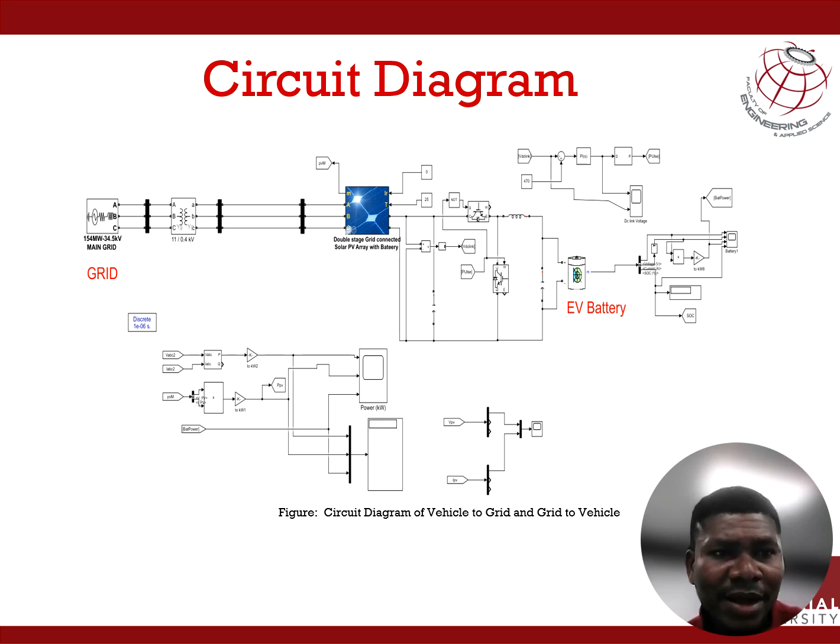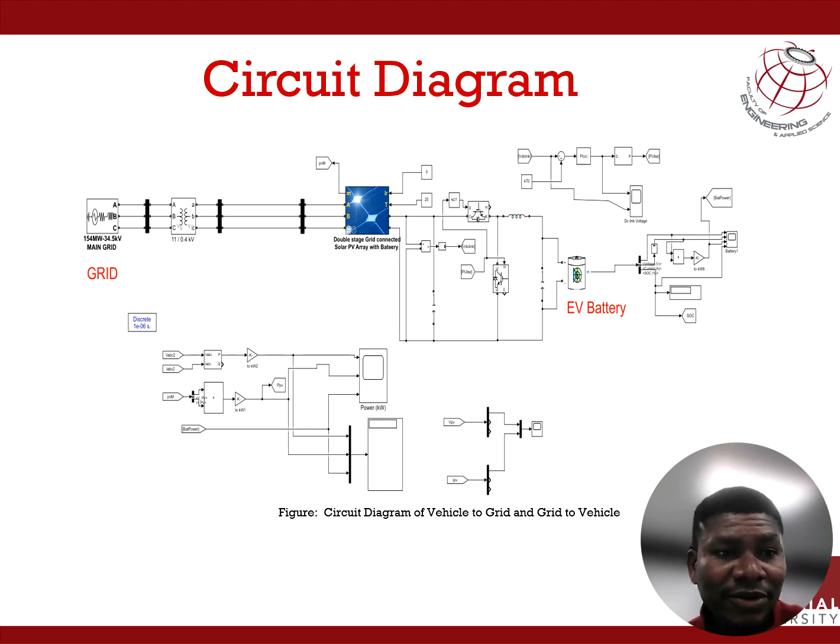We have our power electronics. This includes various electronic components such as switches, rectifiers, controllers, and filters that control the flow of power between the batteries, inverter, and the grid. It's connected to the energy management system, EMS.